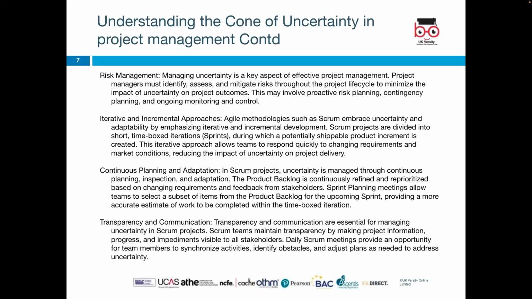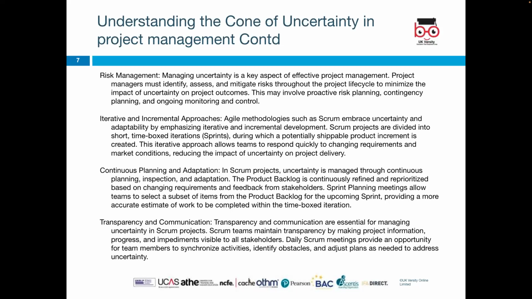In Scrum projects, uncertainty is managed through continuous planning. So you must be able to plan continuously and inspect and adapt, as the project backlog is continually redefined and prioritized based on requirements and feedback from stakeholders. Sprint planning meetings allow teams to select a subset of items from the product backlog.